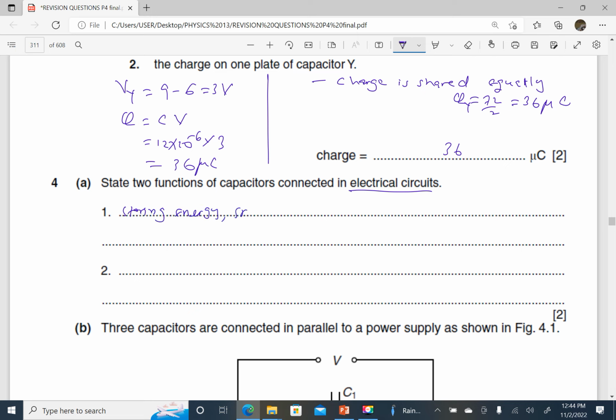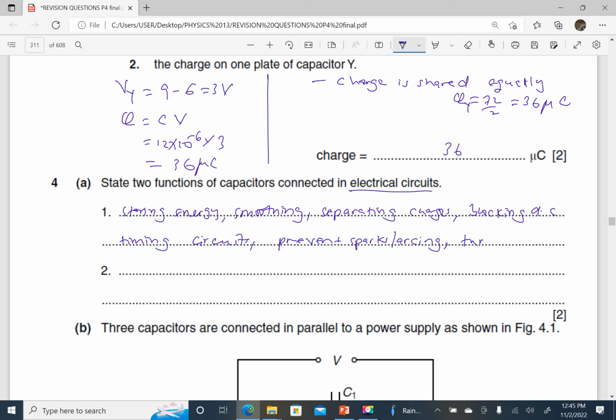You can talk about separating charges in the circuits, blocking direct current, and timing circuits. Capacitors are used in timing circuits to control time. They are used to prevent sparks or prevent arcing.